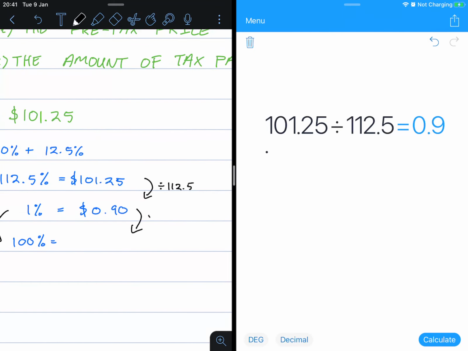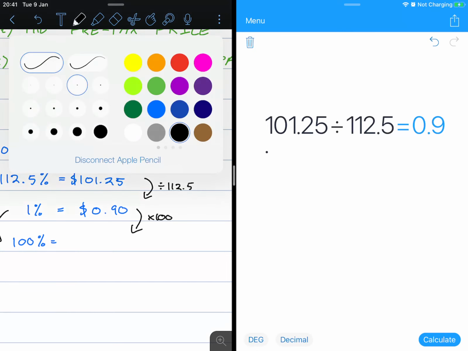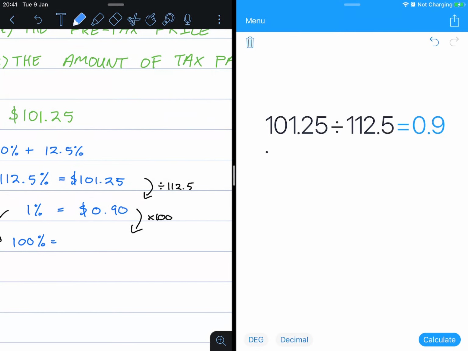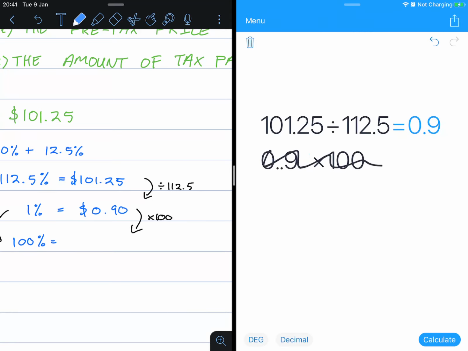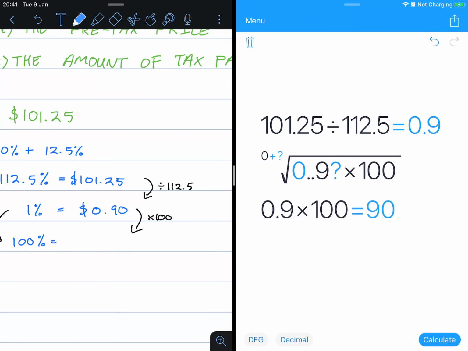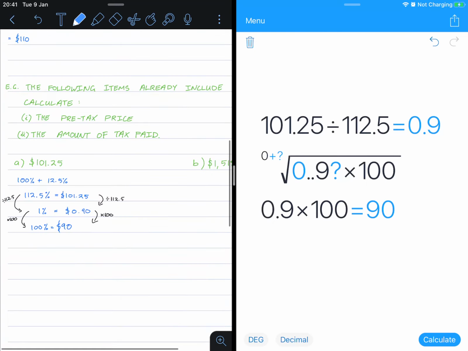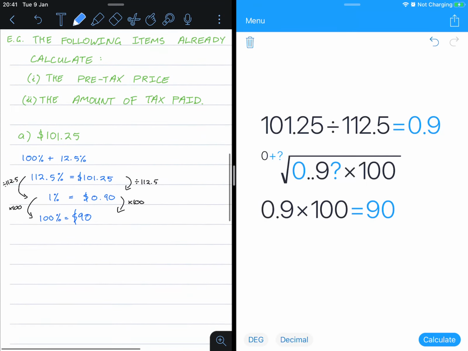Multiplying this by 100 as well. That will bring us back to the original price. So 0.9 times 100. It's $90. So that is the original price paid.